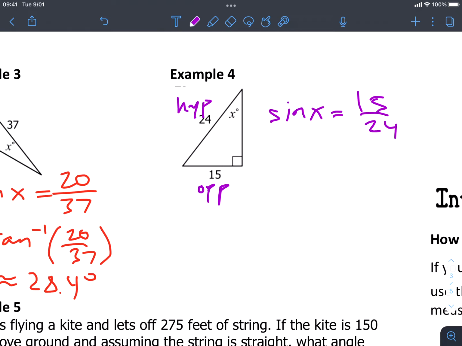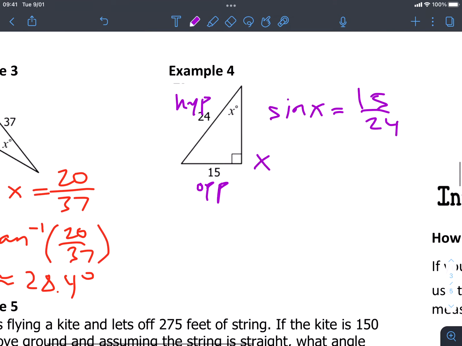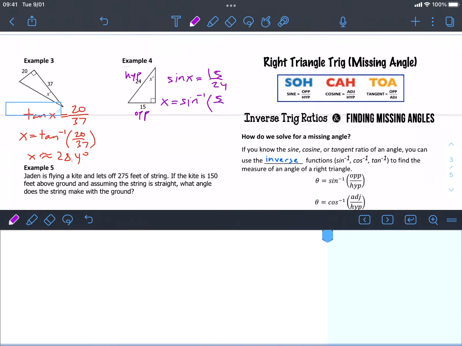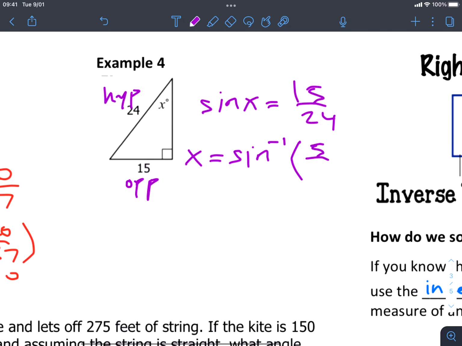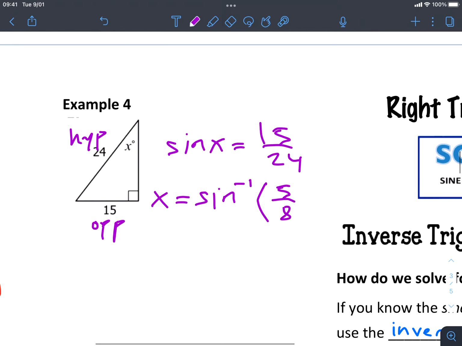We could reduce this if we wanted to 5 over 8. So x would be equal to the arcsine, or the inverse sine, of 5 over 8, and that would be approximately 38.7 degrees.